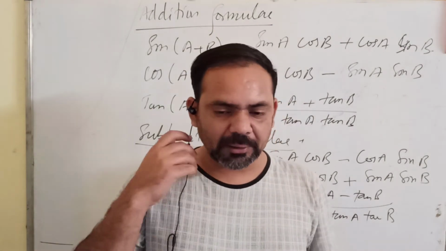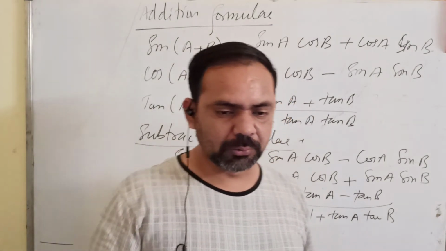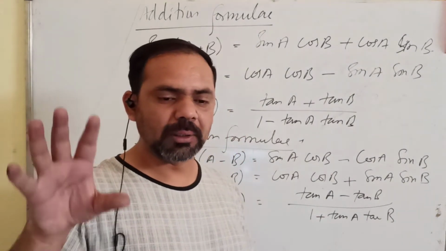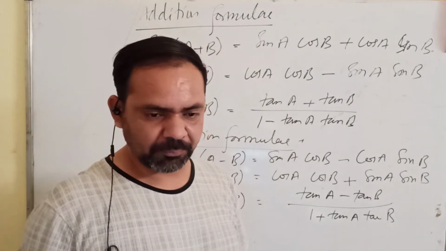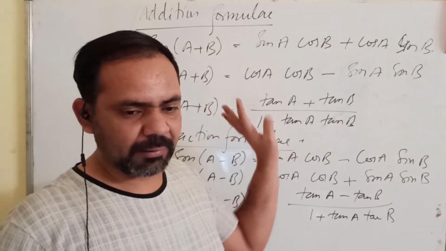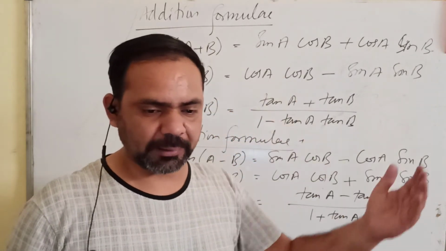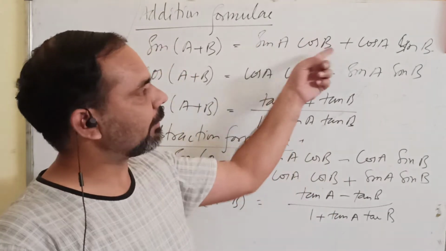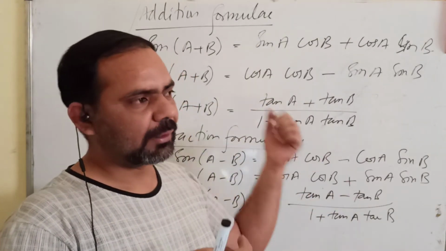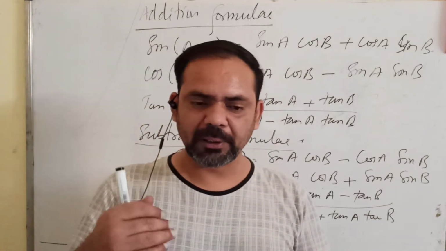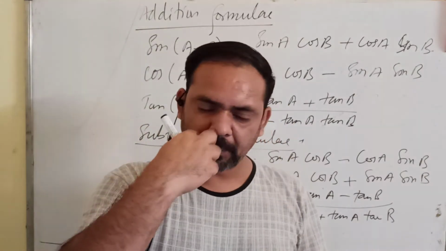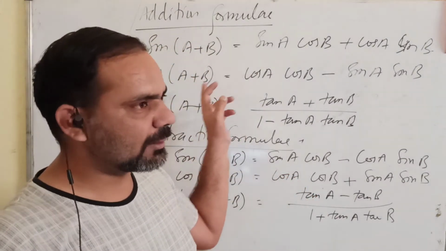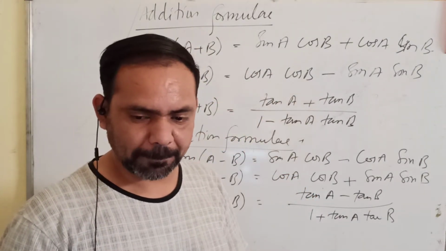Again, I am telling you that I am not describing how we have obtained these formulas. I am just telling you how you can memorize the formulas. Once again, for sine the order will be sine cos, cos sine. Whatever sign is given, you put that sign. In case of cos, the order will be cos A cos B, sine A sine B, and whatever sign is given, you reverse it.